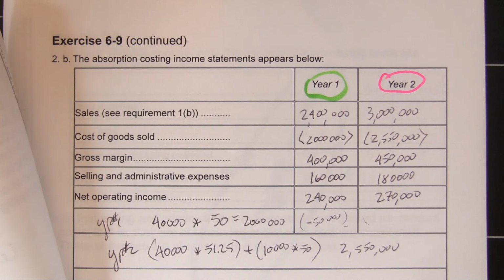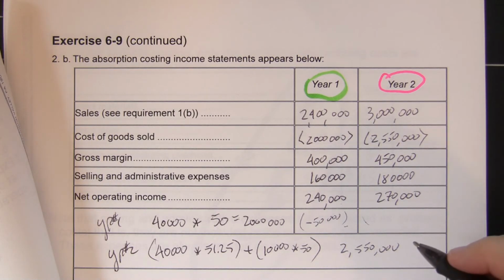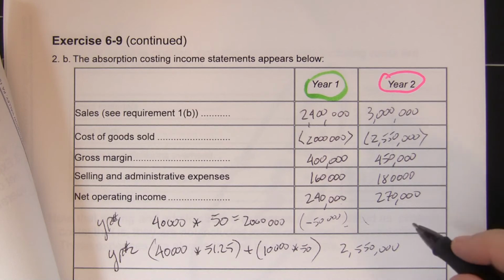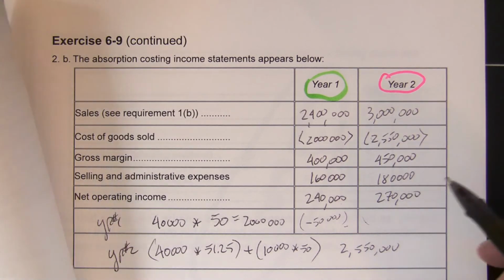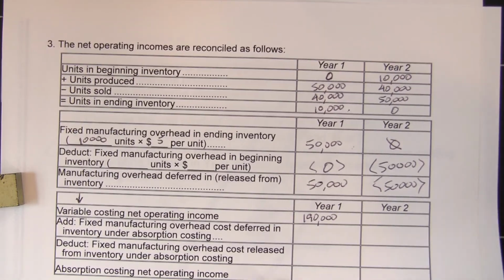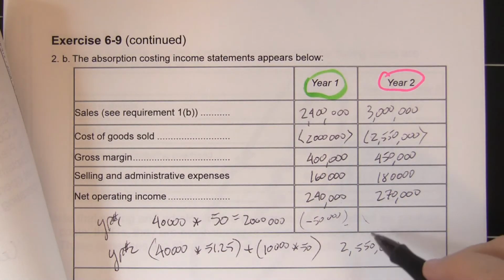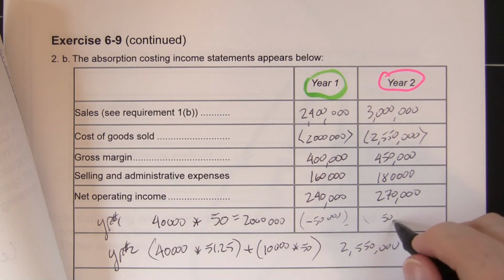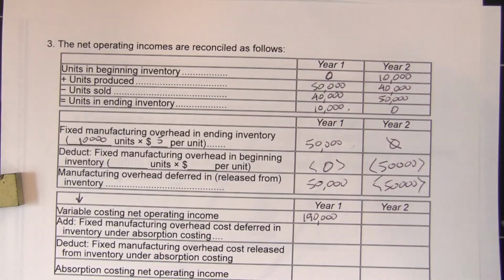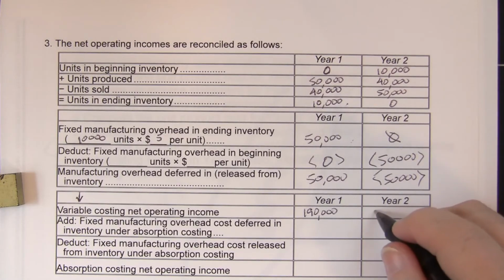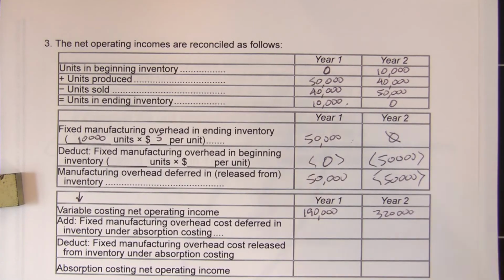And in year 2, we have to add that 50 back. So instead of it being 270, we have to add that 50. So that would make it 320. Because remember, we're going to strict variable costing. Now, what we're doing here is we're explaining the difference.